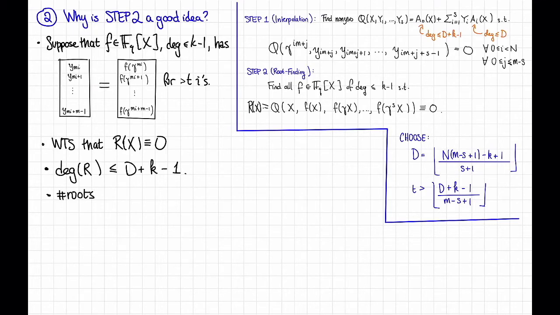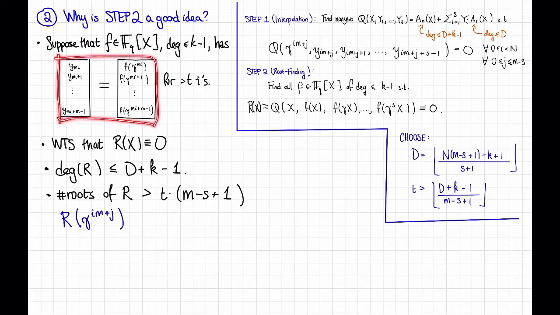The number of roots of R is strictly greater than t times (m minus s plus 1). That's because for each i, so that this is true, I'm now going to get m minus s plus 1 roots. To see why, let's see what happens to R(γ^(im+j)), where i is such that the ith symbol of the received word y agrees with f, and j is anything between 0 and m minus s.